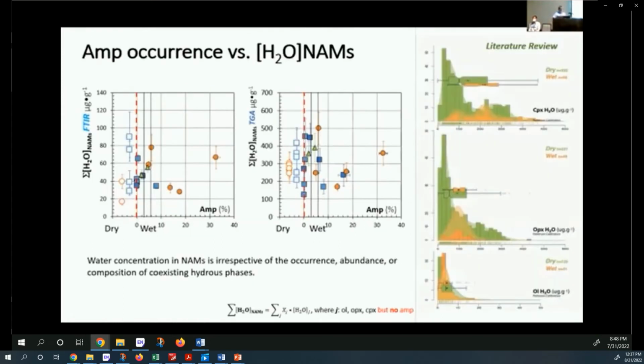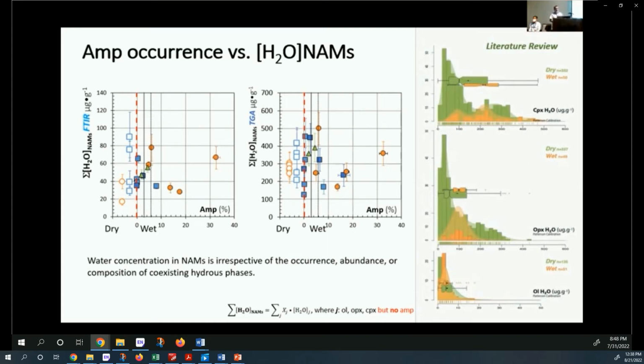Okay, so one of the key results of this study is that water abundance in NAMs is not correlated with amphibole occurrence, whatever technique you use, FTIR or TGA or STA. Although this feels surprising because hydrogen diffusivity is very quick, you would expect that one way or another, the NAMs will recognize the occurrence of amphibole.